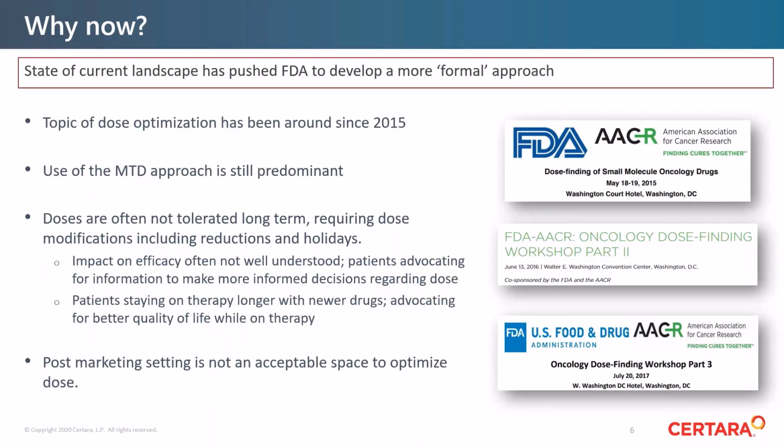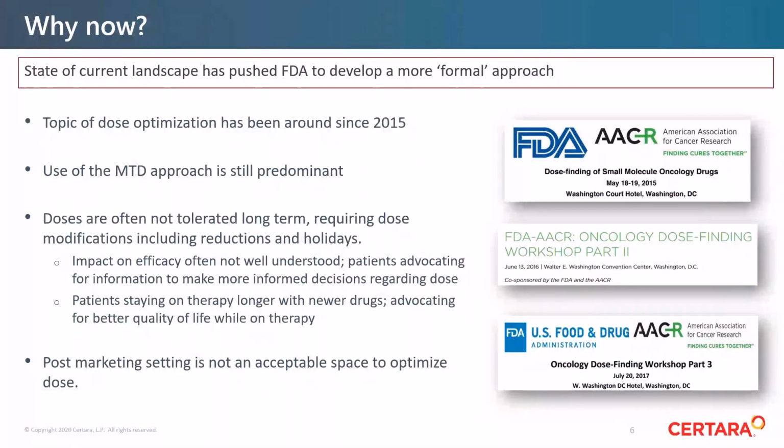Why has the FDA chosen this particular moment in time to push for a more formal reform in oncology drug development? The answer to this question is no doubt multifactorial, but the most likely cause is a buildup of adequate experience at the agency to show that the post-marketing setting is not necessarily an acceptable or an optimal space to optimize dose.